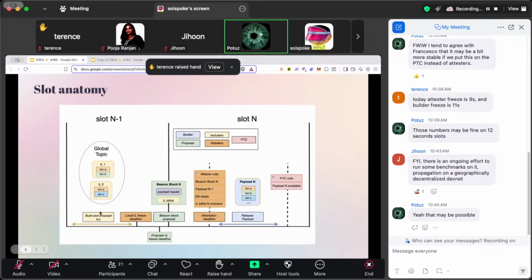And I think that's what needs to be researched. And we need to have enough includers so that even if the payload is not available, they will include transactions that were included in the payload. And then some includers will just re-include them.